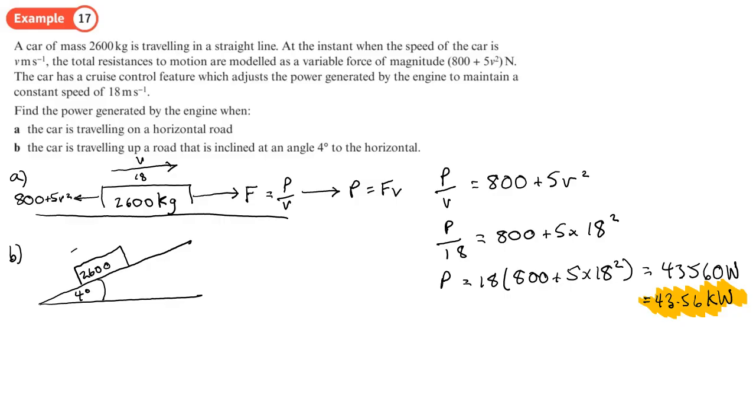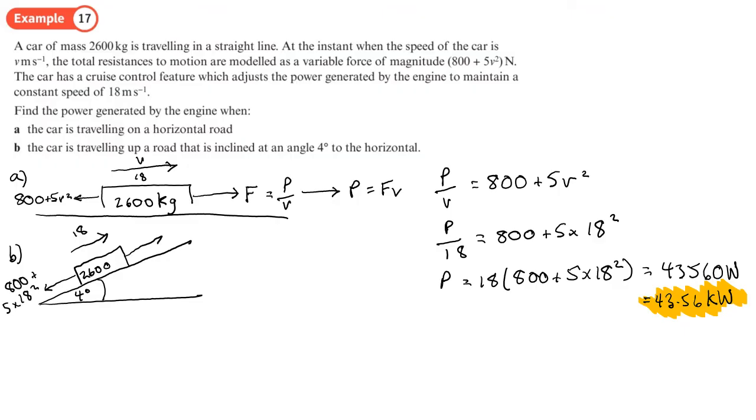It's still going to be 18, which means the frictional force here will be 800 plus 5 times 18 squared. I'm running out of space now. Actually, let me redraw that so that it's a little bit clearer. So let me just write it as 800 plus 5 times 18 squared. That's a bit better. So that's the frictional force there.